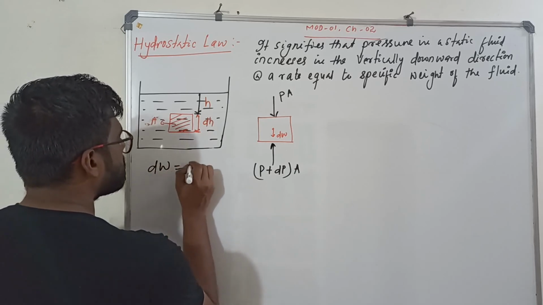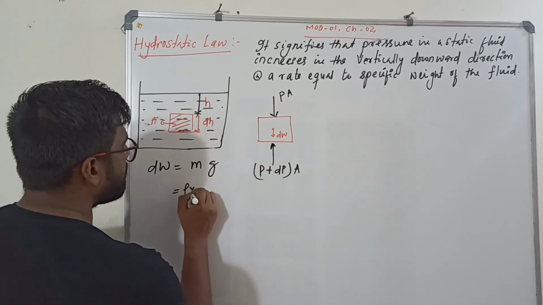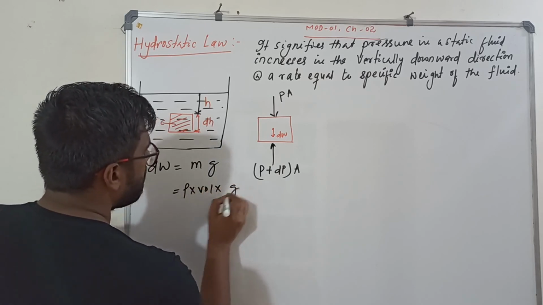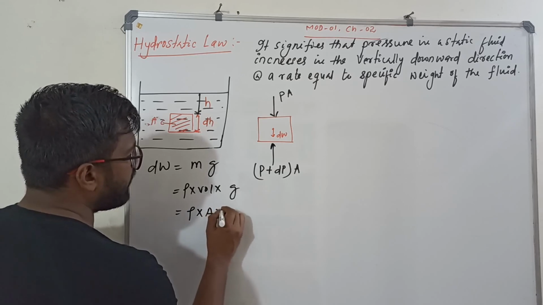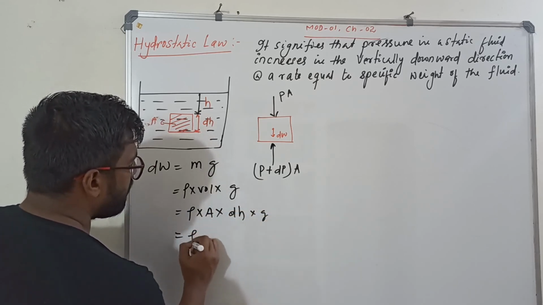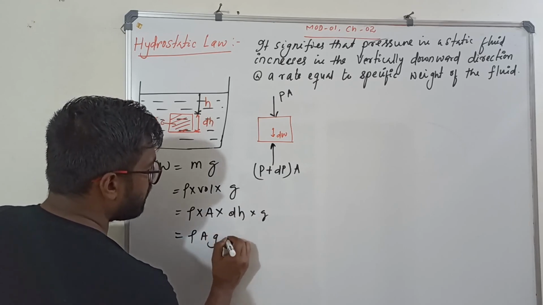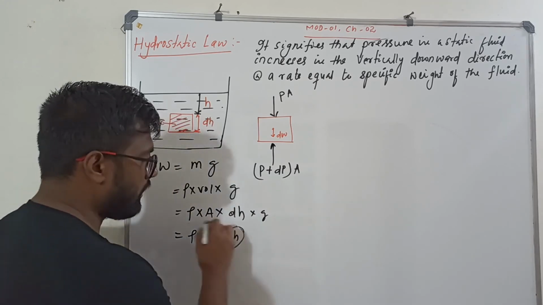Weight is M into G. Mass is density into volume, so rho into volume into G. Volume is area into height, dH. So taking rho A G common, we are left with dH.